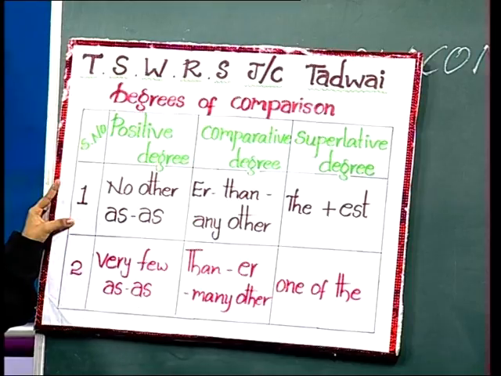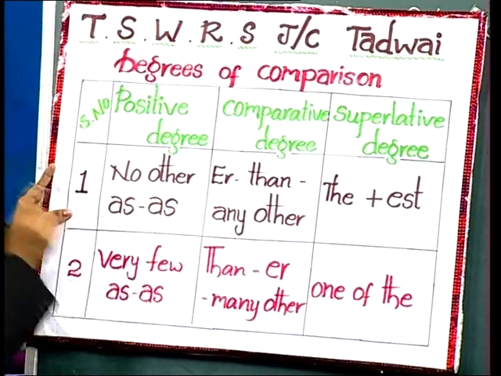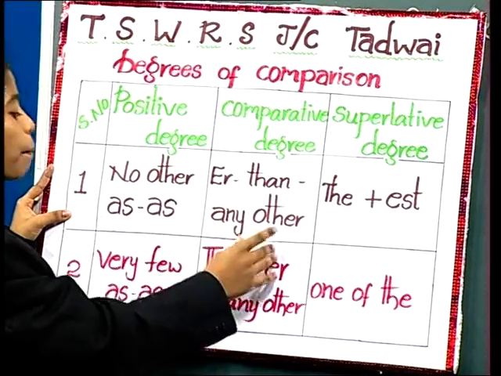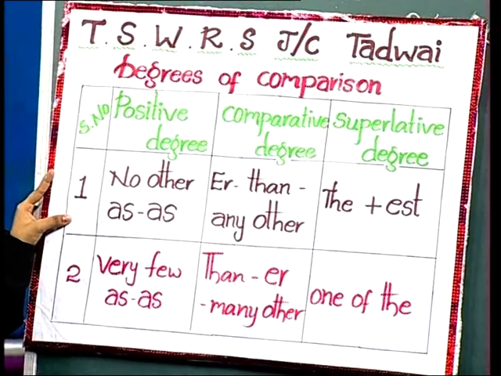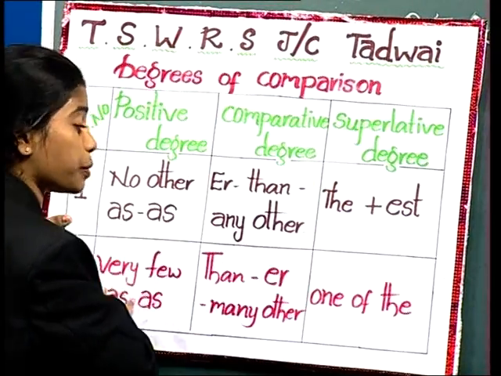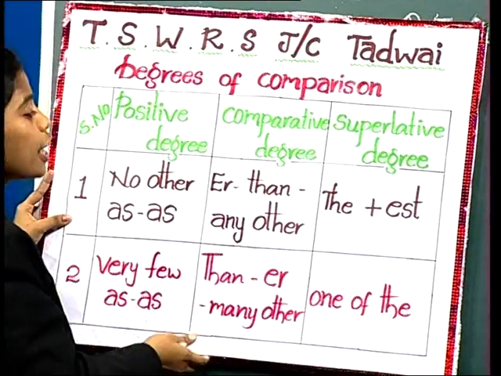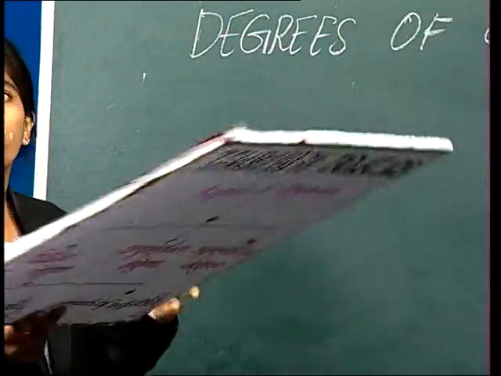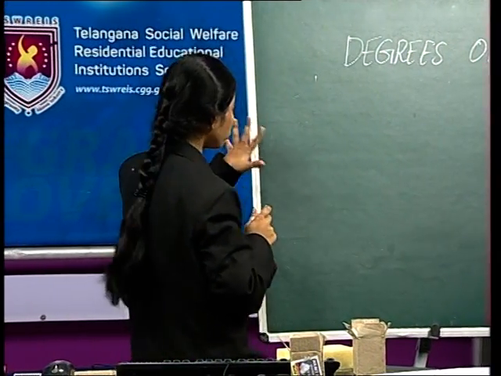In the second pattern, very few and as are present; in the comparative, it becomes than many other, and in the superlative degree, it becomes one of the.